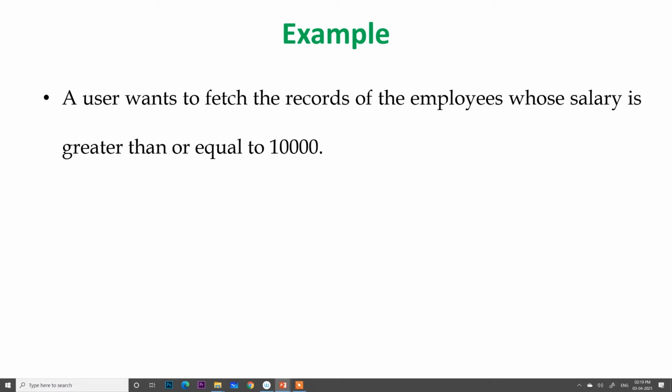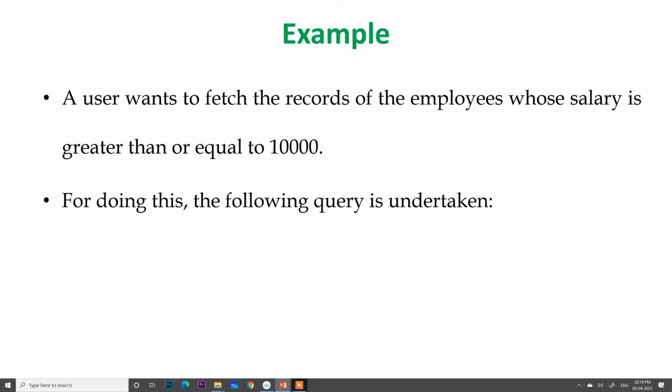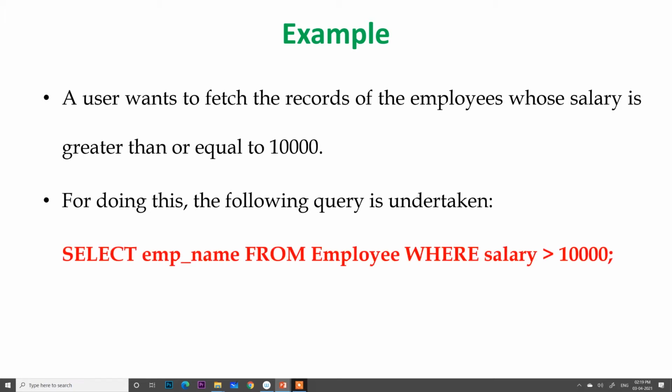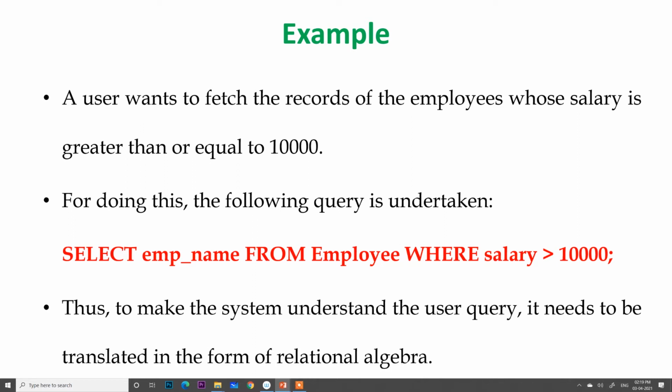For example, if a user wants to fetch the records of the employees whose salary is greater than or equal to 10,000, we will write a query like this: select employee name from employee where salary greater than 10,000. Here employee name is the attribute name and employee is your relation name.